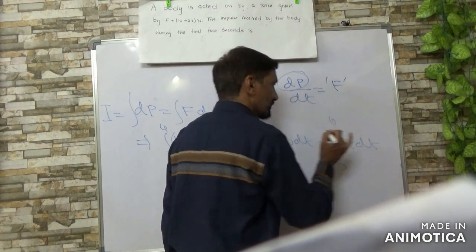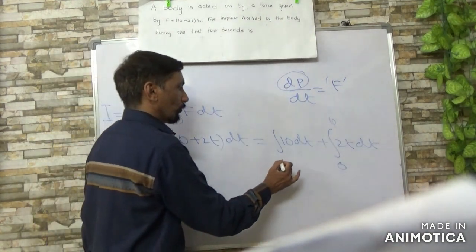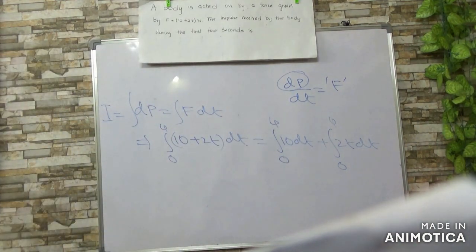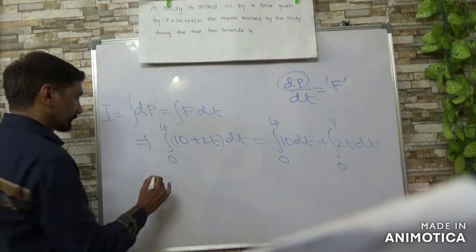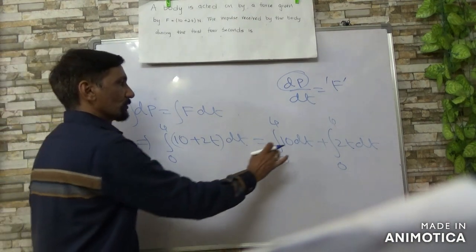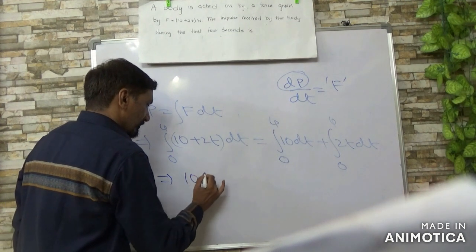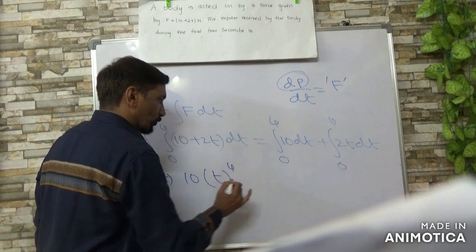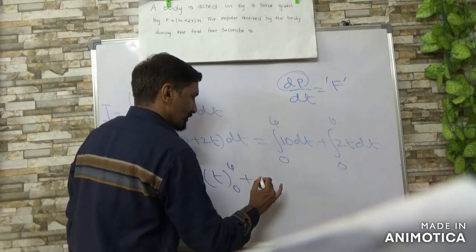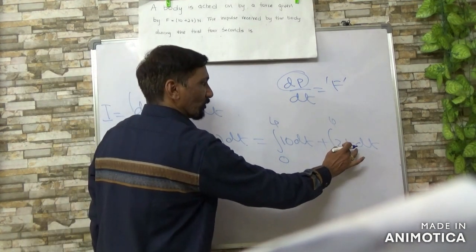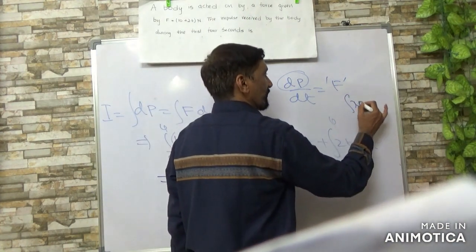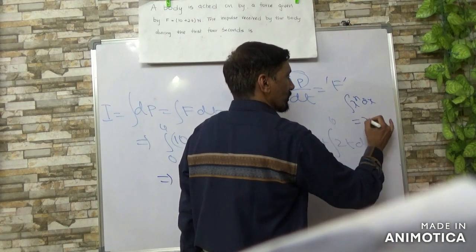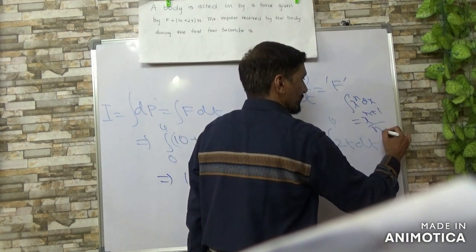Between the limits 0 to 4. So 10 times the integral of dt is t, between the limits 0 to 4, plus 2 times the integral of t. Whenever you take the integral of x to the power n dx, it is x to the power of n plus 1 by n plus 1.